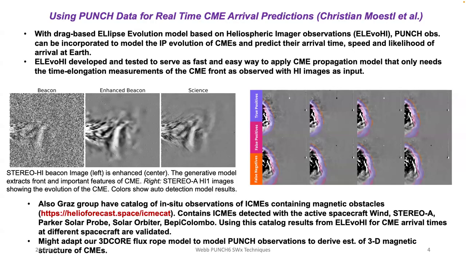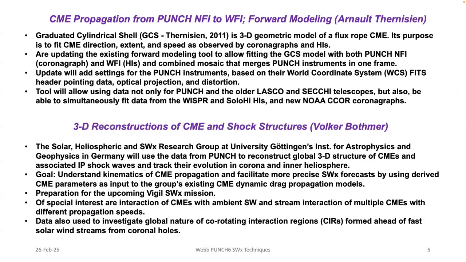And it contains ICMEs detected with active spacecraft, and there's a list there. And the arrival times at different spacecraft can be validated by using this set of data together on one event.